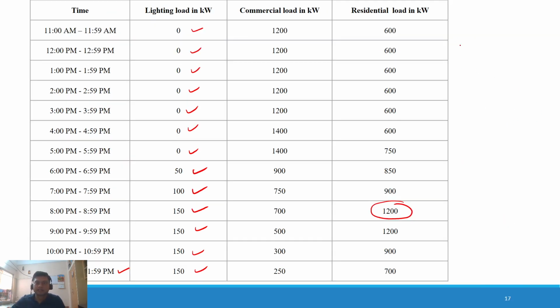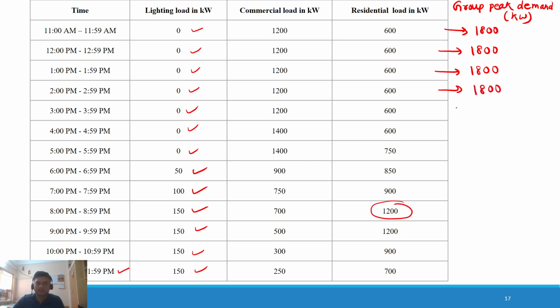And here, group peak demand in kilowatt. Here it will give you 1800, here 1800 again, and for this duration 1800, 1800, 1800.